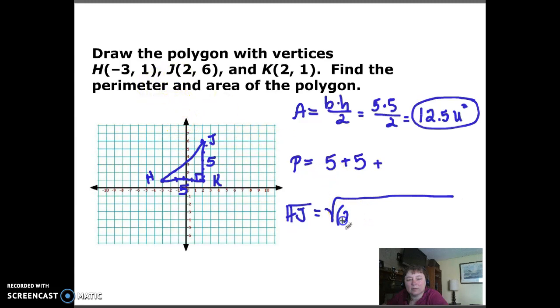Alright, so that would be 2 minus a negative 3 squared plus 6 minus 1 squared. 2 minus a negative 3 would be 2 plus 3, which is 5. 5 squared is 25. 6 minus 1 is 5. 5 squared again is 25. So HJ is the square root of 50.